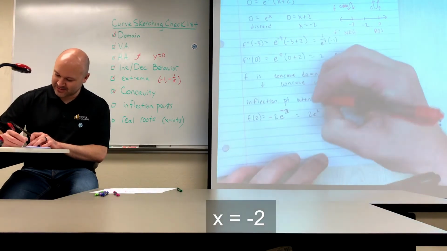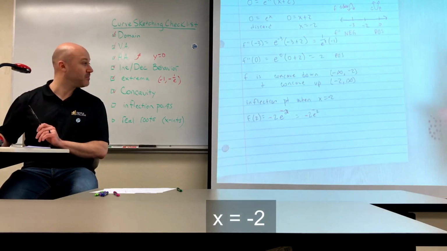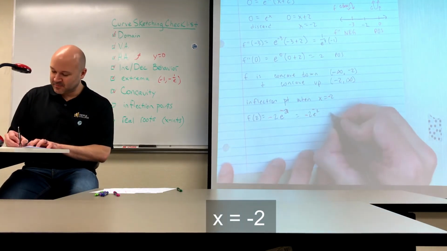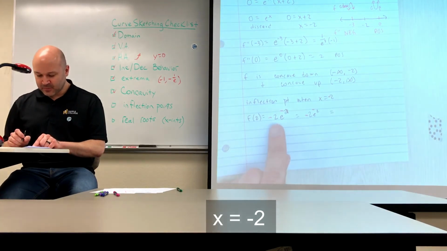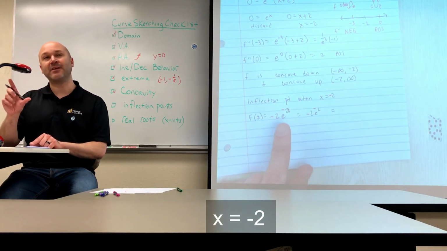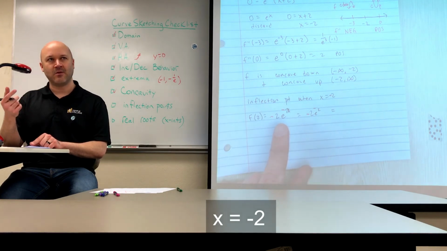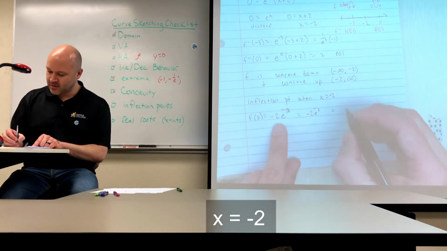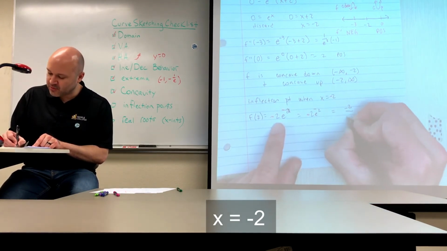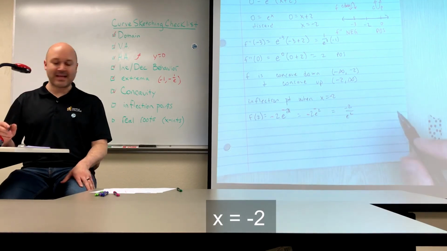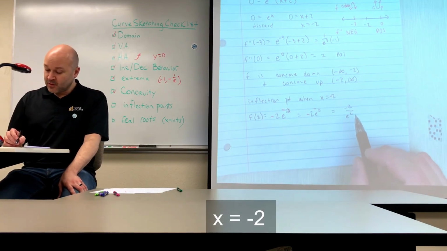Sorry. All right, with the -2 in an exponent, I can just reciprocate to get 1 over e squared. So I have -2 over e squared. That's what I was thinking it should be.